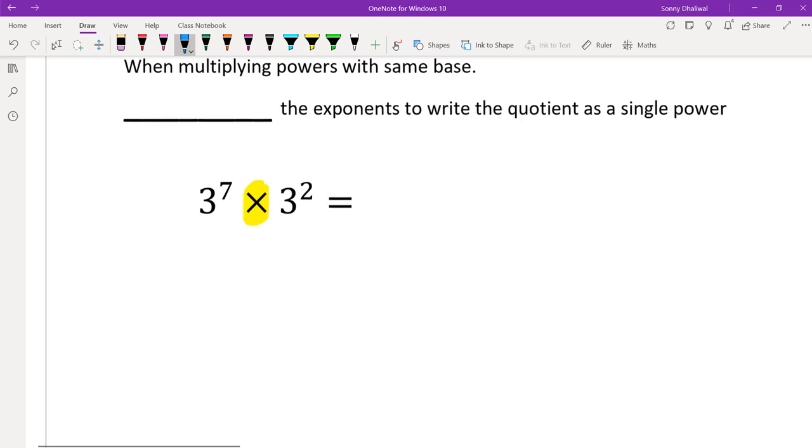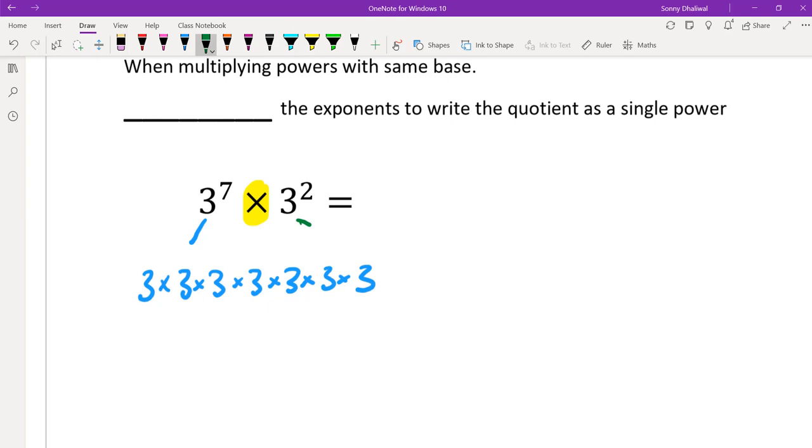Remember that this simply meant we're multiplying the base 7 times over. So 1, 2, 3, 4, 5, 6, 7. This one, we're multiplying our base 2 times over. So times by 3, times by 3.